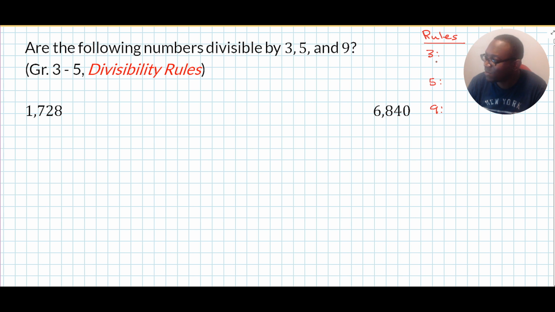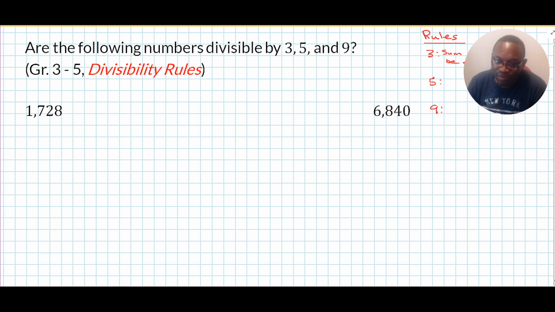So if a number is divisible by 3, the sum of the digits can be divided by 3. I have videos on this as well. I have a video exclusively on showing you all the divisibility rules and how to apply them. So if the sum of the digits can be divided by 3, then the number can be divided by 3.